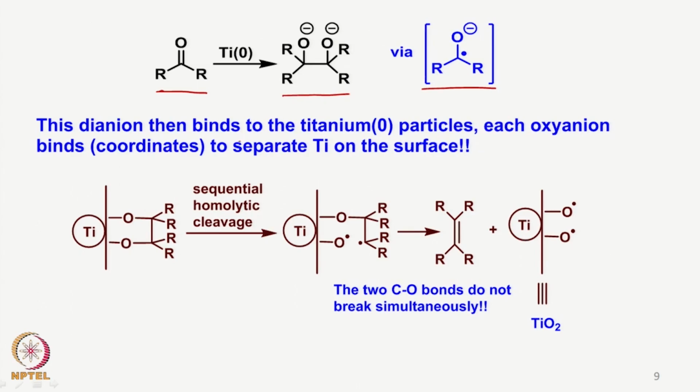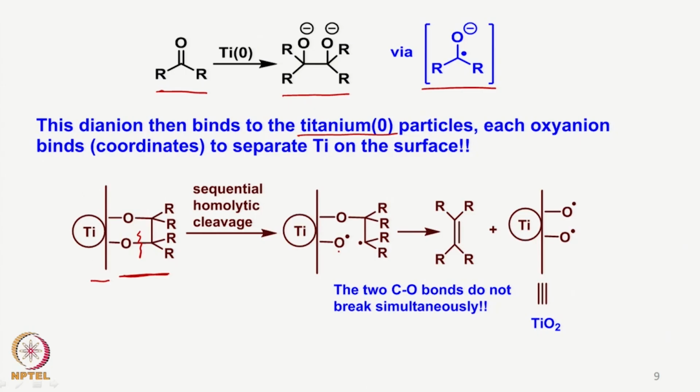This dianion then binds to the titanium 0 particles, and actually it is more of a coordination. So, if this is the surface of the titanium 0, then we get this type of binding or coordination onto the surface through the oxygen of the dianion, and as we can see, we can cleave this particular carbon oxygen bond where a diradical is formed, a radical on the carbon and a radical on the oxygen.